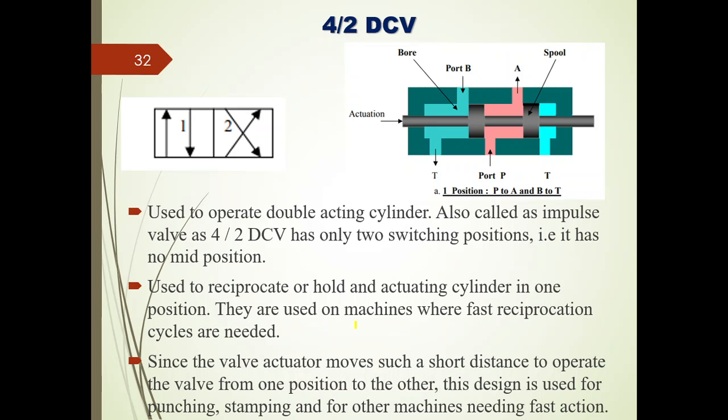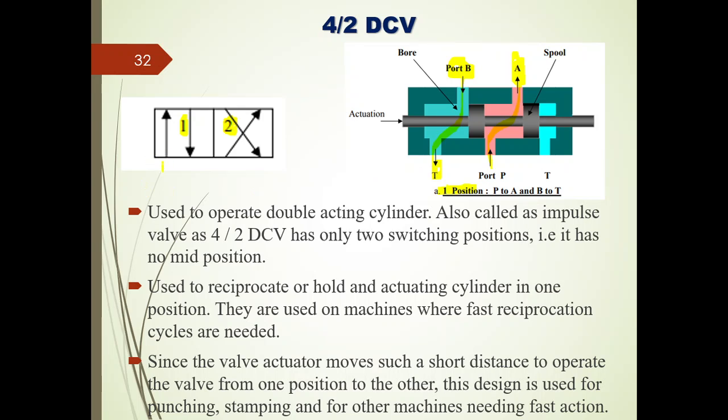The next type of valve is the 4 by 2 direction control valve. Here we have only two positions, either the first position or the second position, either the parallel connection of the fluid or the cross connection. Right. In the first position, the pump flow will be connected to system port A, and system port B is connected to the tank port, right?